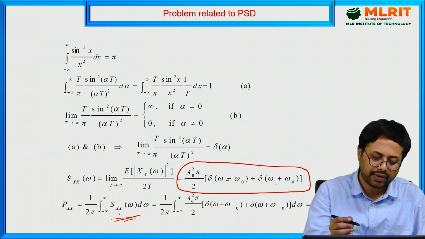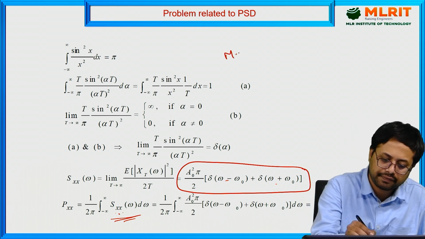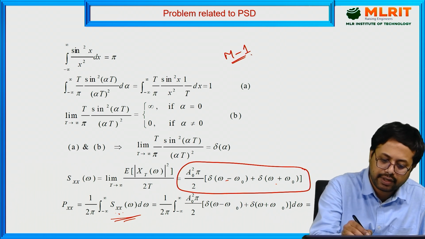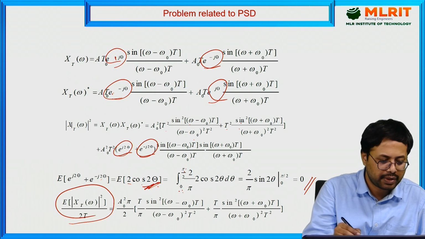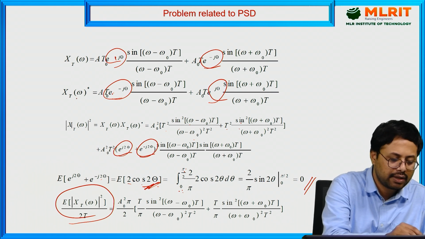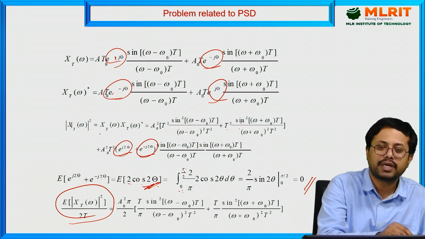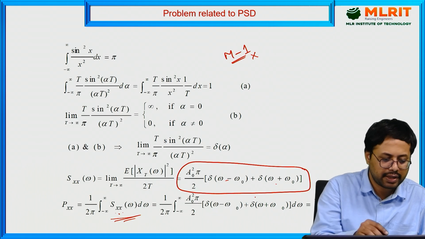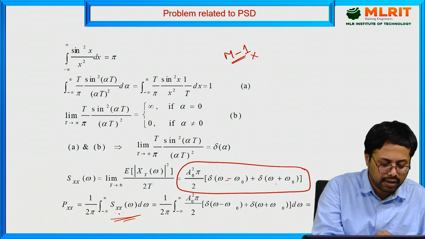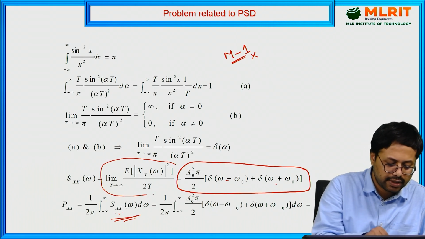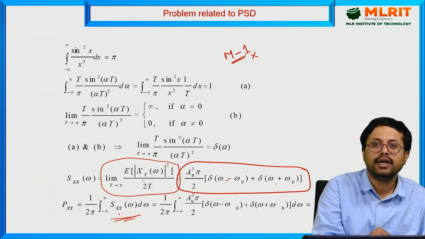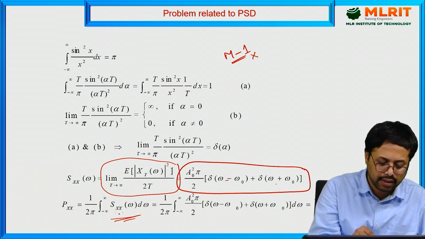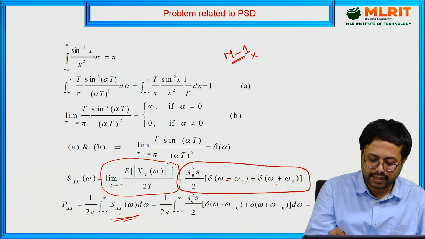The first method we have solved: take x T of omega, then its conjugate, apply the product, multiply, and use the formula limit T tends to infinity of expectation of mod of X T of omega whole square by 2T.